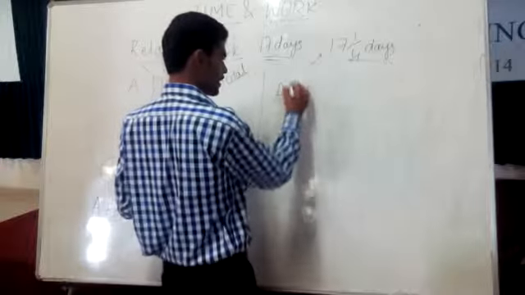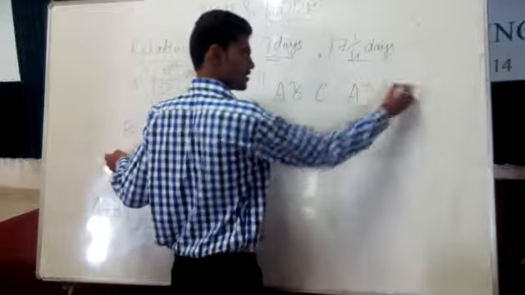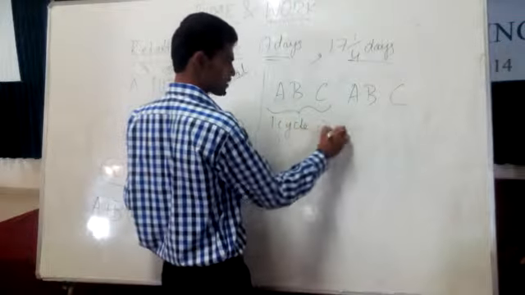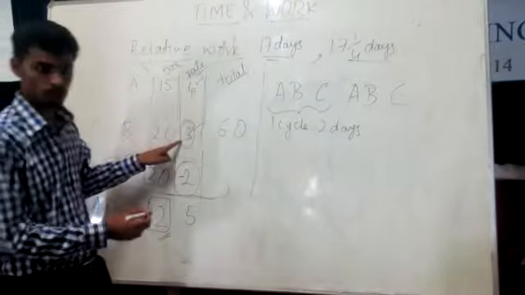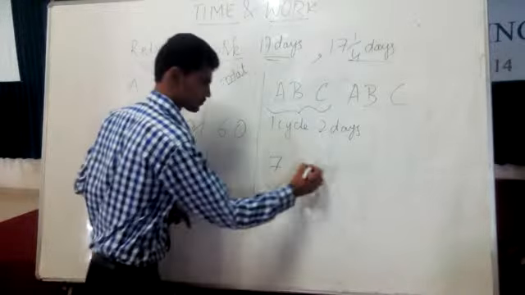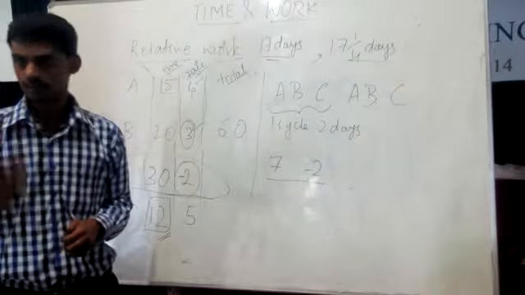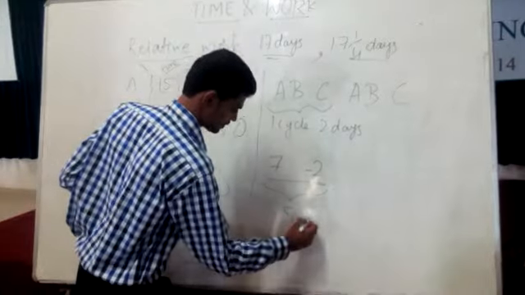This becomes one cycle of 2 days, and the units of work done are A, B together 4 plus 3, 7 units, and C minus 2. That is a total of 5 units net done in one cycle. That is 5 units per cycle.